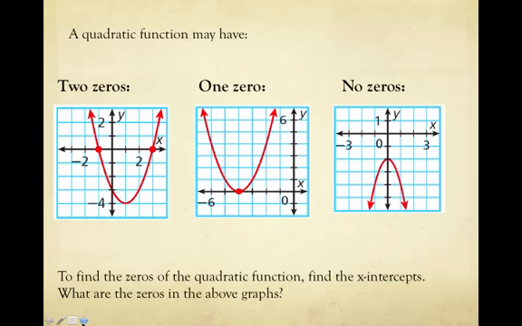So to find the zeros of the quadratic function, we are looking for the x-intercepts. So the question is, what are the zeros in the above graphs? Well, here I've got zeros of 3 and -1. Here I've got a zero of -4. And here I have no zeros.